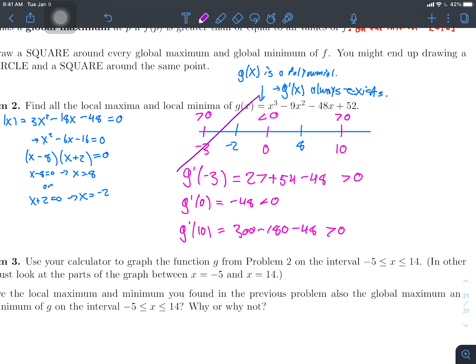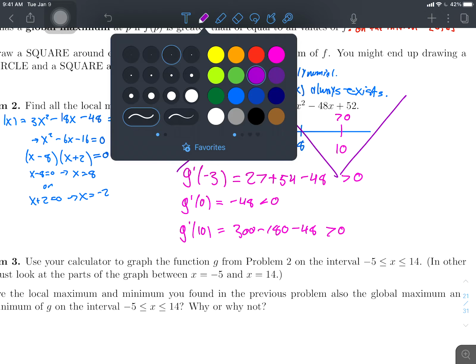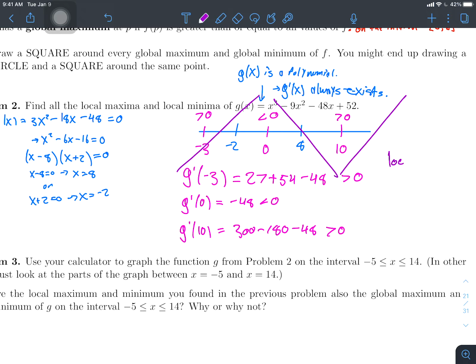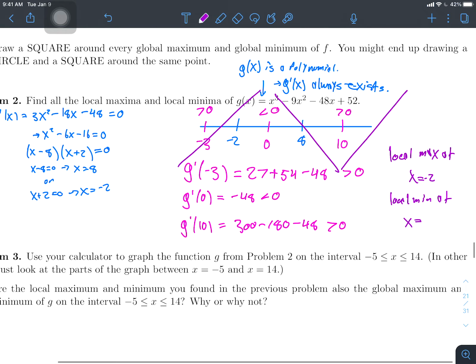It's going up, and then it's going down, and then it's going up again. So the function has a local max at x equals negative 2, and it has a local min at x equals positive 8. So this is how I did this one using the first derivative test.